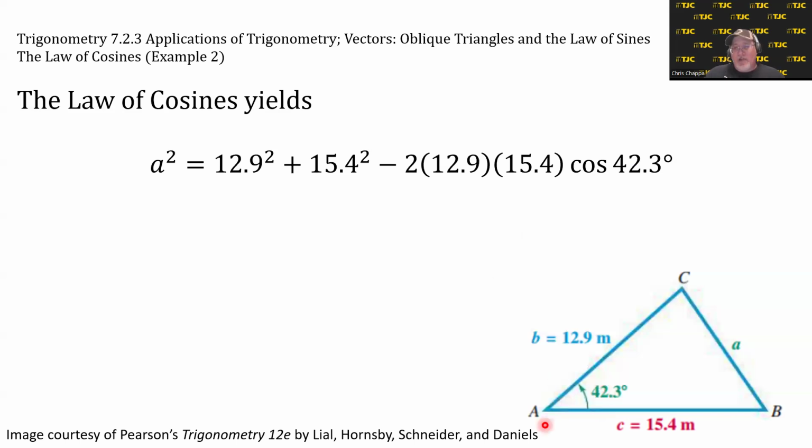Specifically for angle A, 42.3 degrees, the square of the opposite side, a, is equal to the sum of the squares of the adjacent sides minus 2 times the product of the adjacent sides times cosine of the angle in between. Now we're going to solve this and then use a calculator.